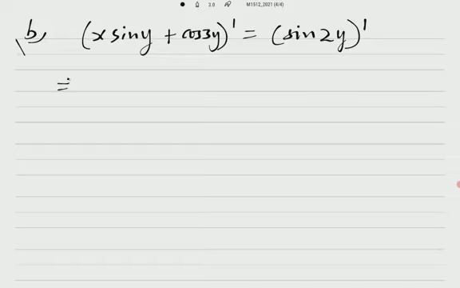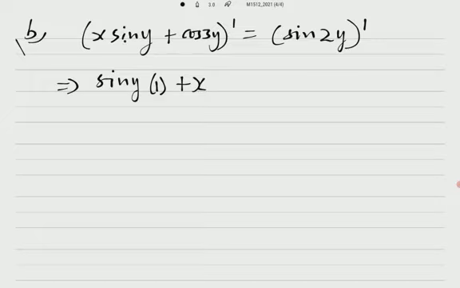For the first part, it is a product rule again. We keep sine y constant and take the derivative of x, which is just 1, plus now we keep x constant and take the derivative of y.